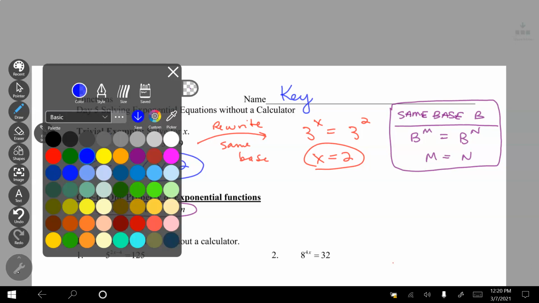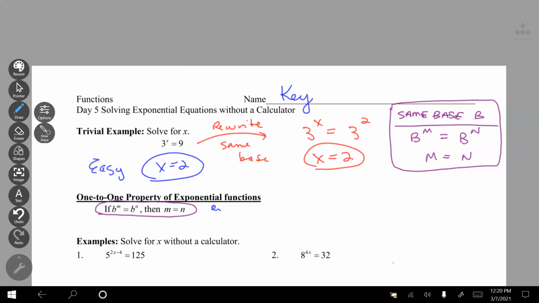So we need to know our rules of exponents from Algebra 1. When we multiply powers with the same base, we add exponents. When we divide powers, we subtract exponents.